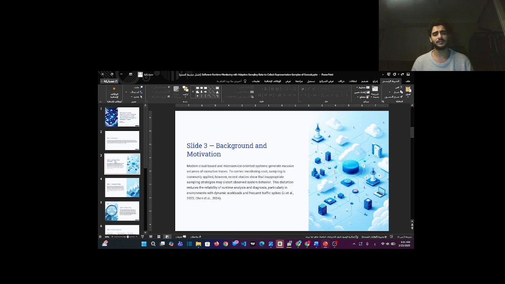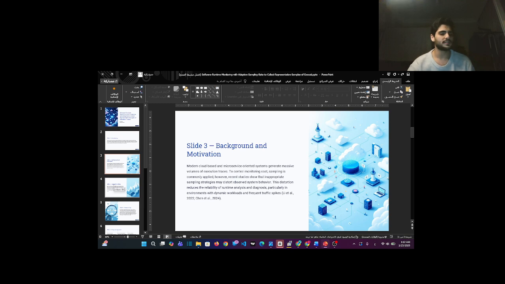However, recent studies show that poorly designed sampling strategies can distort the observed system behavior. The distortion reduces the reliability of runtime analysis, unfortunately, and makes diagnosis more difficult, particularly under dynamic workloads and frequent traffic spikes.